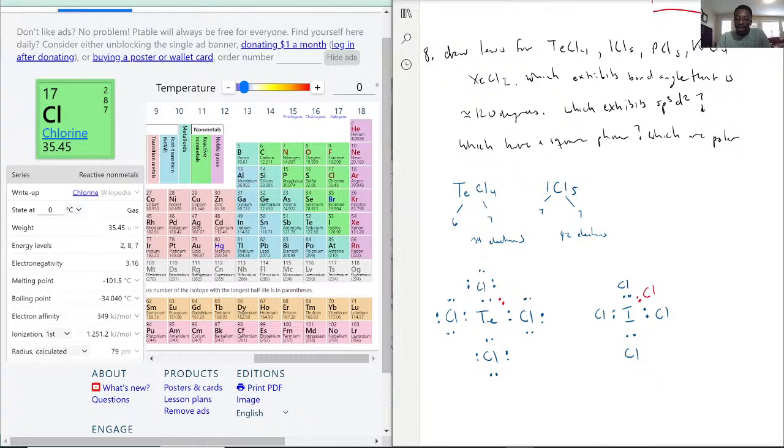That's 32, and then 2 more on that tellurium, which is 34. Perfect. With that being said, let's fill out the octet for each chlorine, because it is sharing 1 of its 7, so the other 7 are just filled in.